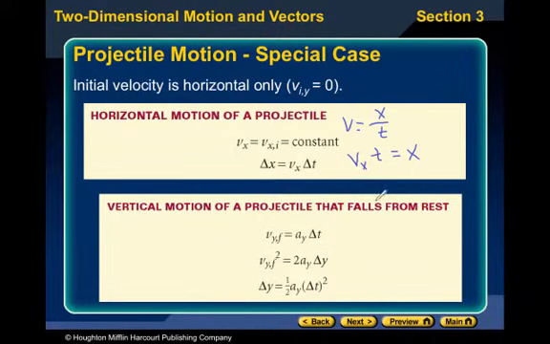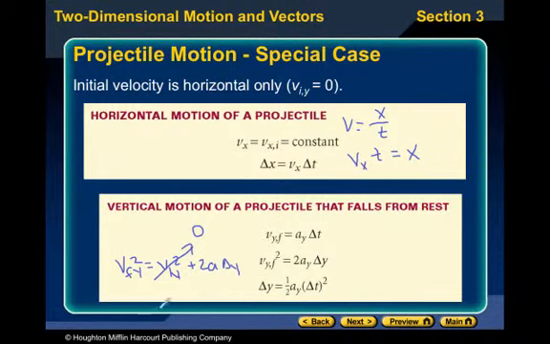So if it falls from rest, the reason why you don't see any Vi is because initial velocity would be 0. So they've taken out all the Vi's. So like this one, Vi, I guess I should put y. Viy, in the y direction, the initial velocity, since it's being dropped, would be 0, so we just take that whole part out.